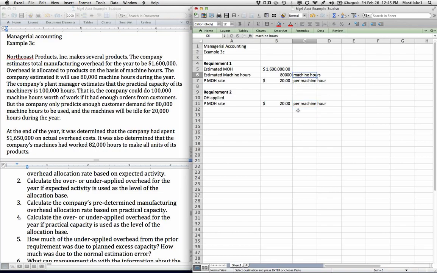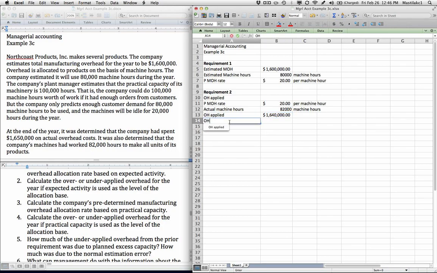And we're going to multiply that by the number of machine hours used. In this case, we're told we actually worked 82,000 machine hours. And so the overhead applied is going to be the $20 per machine hour times the 82,000 machine hours, or a total of $1.64 million. So that's the overhead applied.